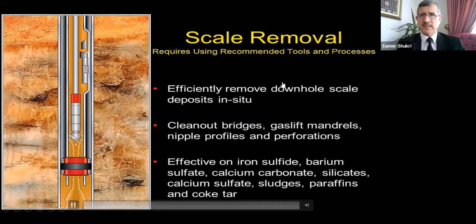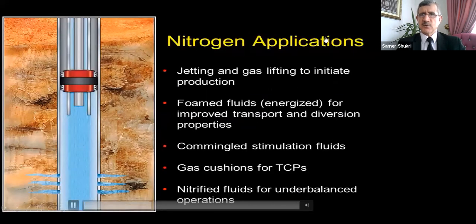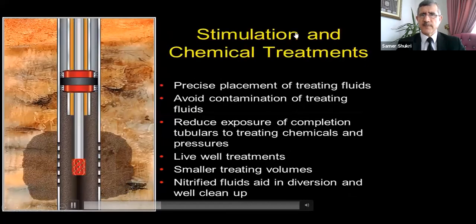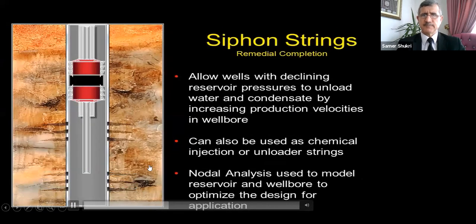So you see scale removal, nitrogen bombing. Also, we offload part of the hydrostatic head. Here there is water, we can offload it to allow the oil to flow. Stimulation treatment also, we pump acid and improve the productivity of this formation.